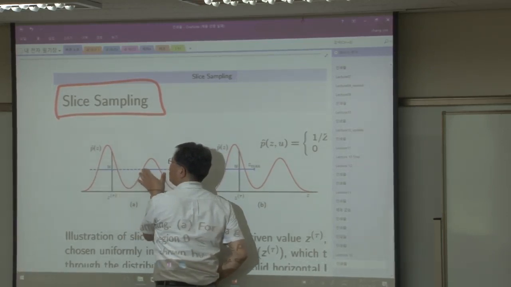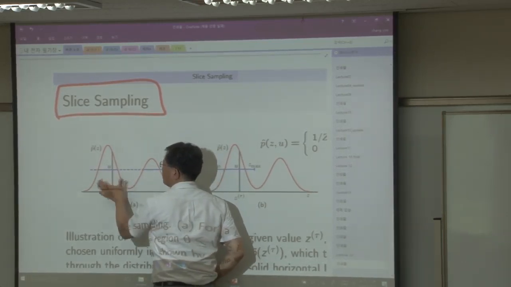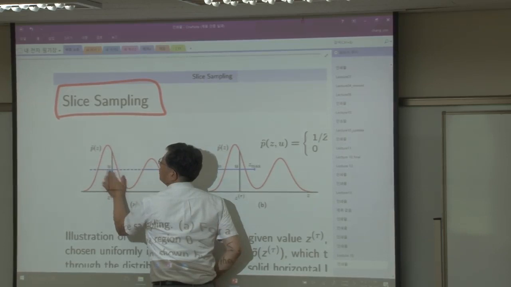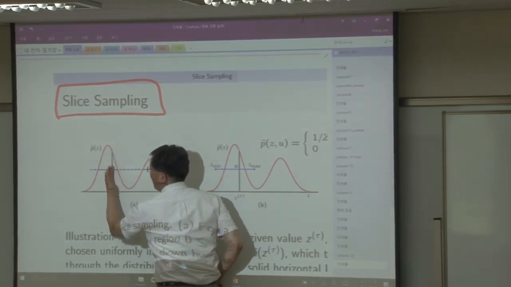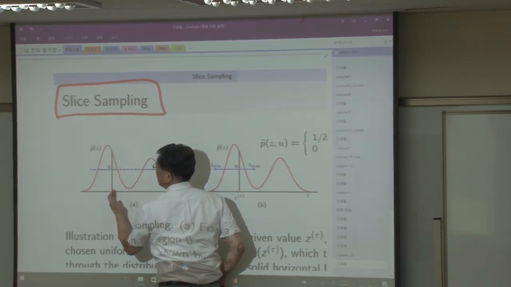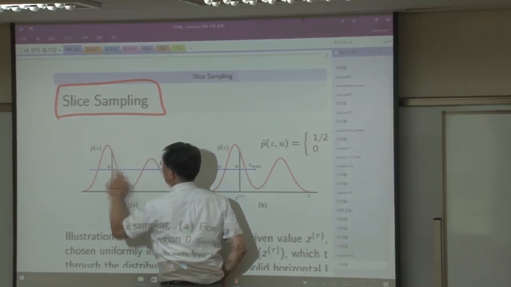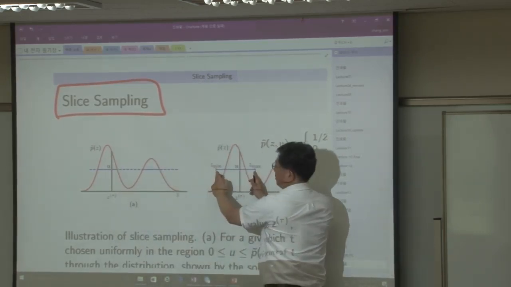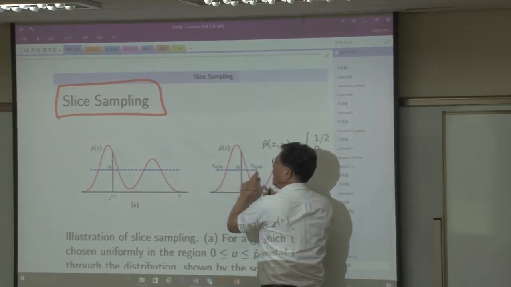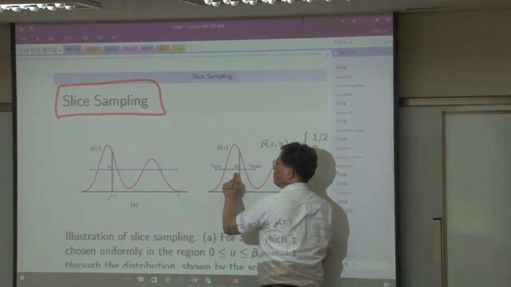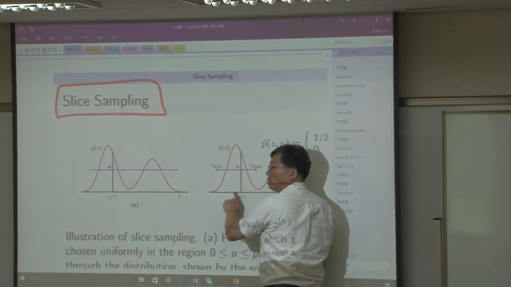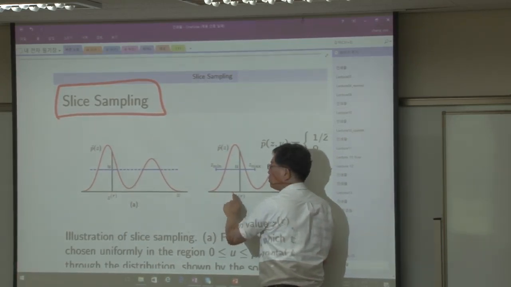Okay. This slice may also include here, but to keep it simple, you look at the slice or interval that includes the Z star. Like that. And you sample, which gives you a new Z. Okay? So there are two steps.